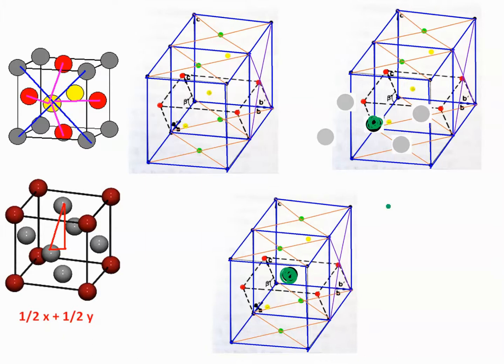Remember that a Bravais lattice has two requirements. One is that all the bases should be the same. Second, all the lattice points should have the same environment. So now we examine whether the corner lattice point also has 12 nearest neighbors.